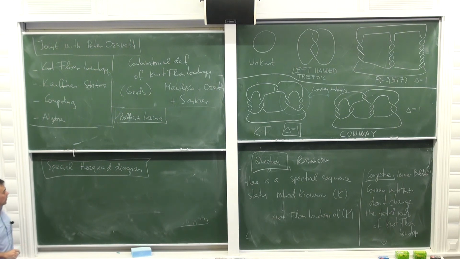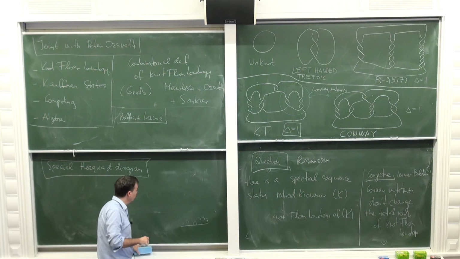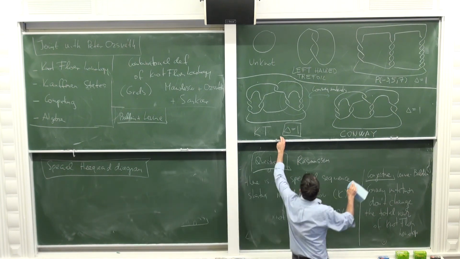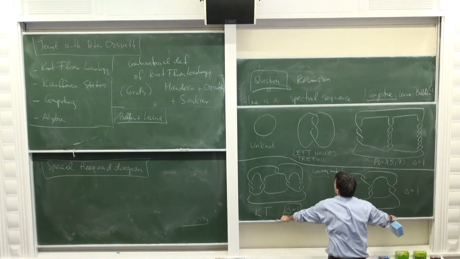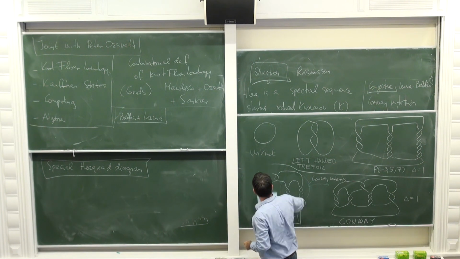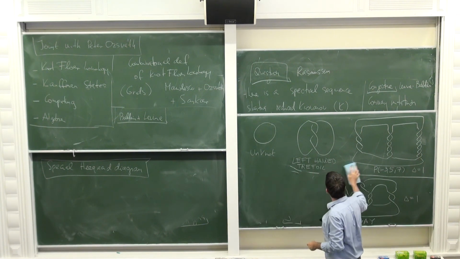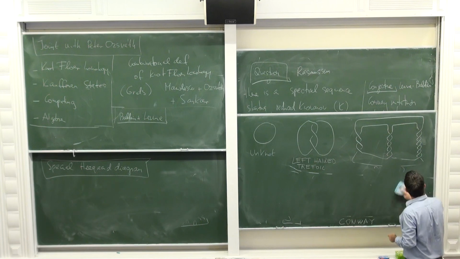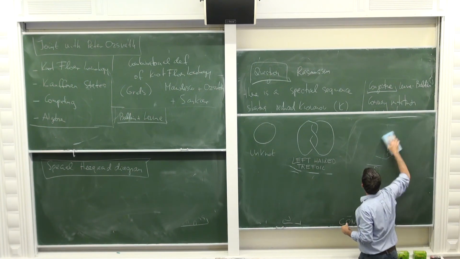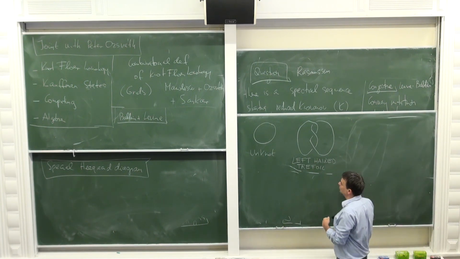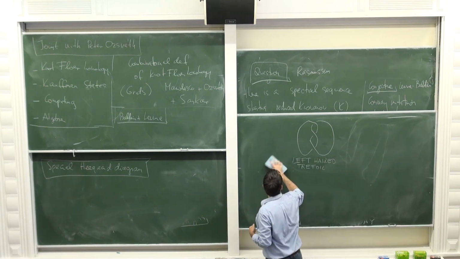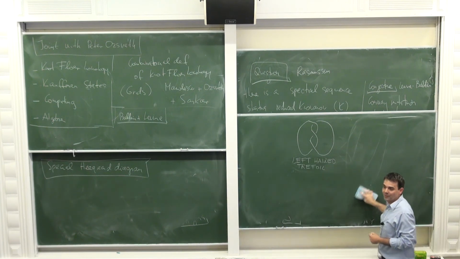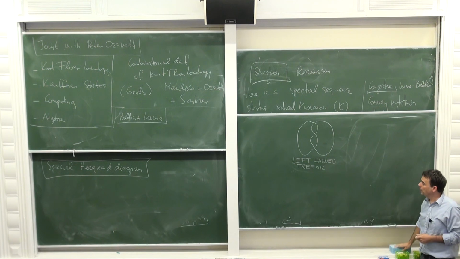But, okay, so this is a Heegaard diagram that's very well suited for our purposes. It starts with a knot projection, and we're going to get rid of these complicated examples, and I will demonstrate that with the left-handed trefoil as our running example.